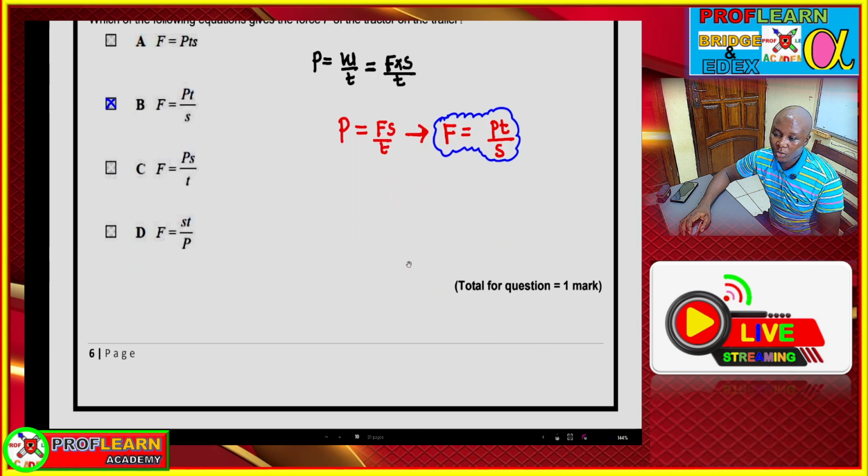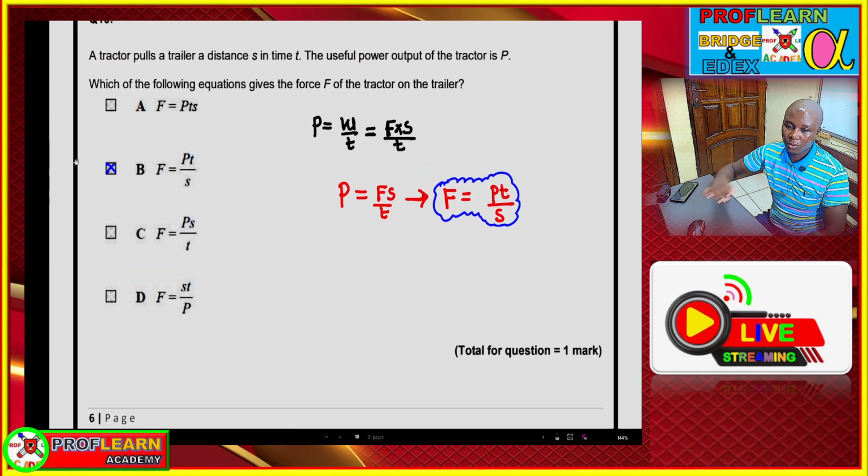Then we have question number 10. We are talking about a tractor that pulls a trailer a distance s in time t. The useful power output of the tractor is P. Which of the following equations gives the force of the tractor on the trailer?